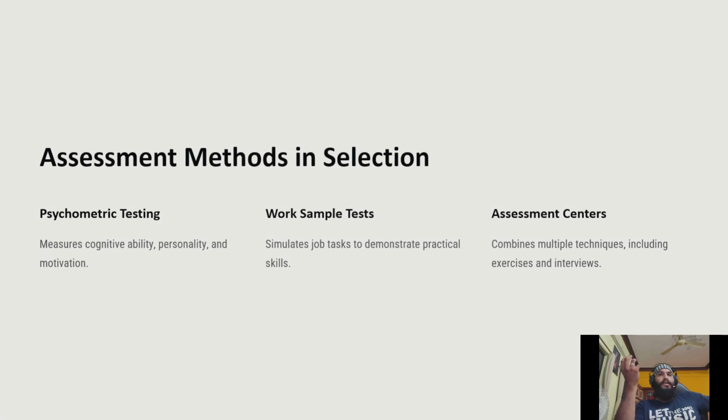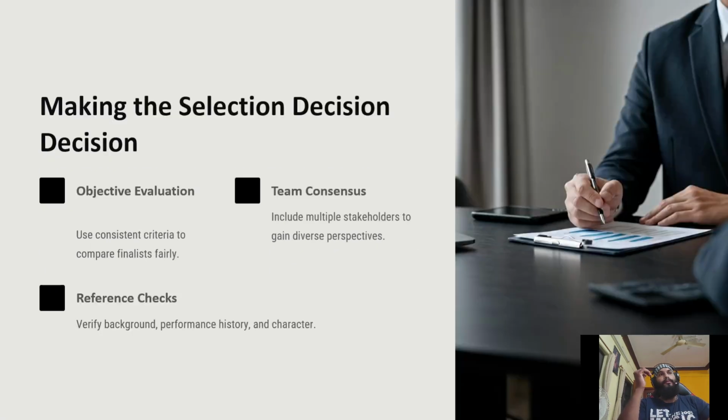The work sample test helps us to understand the skill set or the type of work the candidate is able to do. And the assessment center combines both these techniques, including exercises that they have performed and interviews they have given, to understand them mentally as well as the skill set they have.